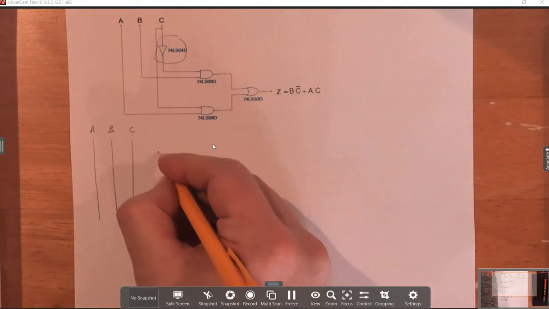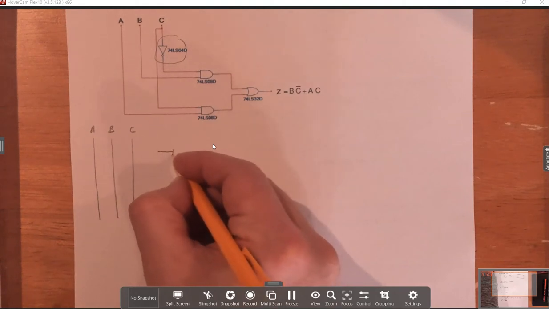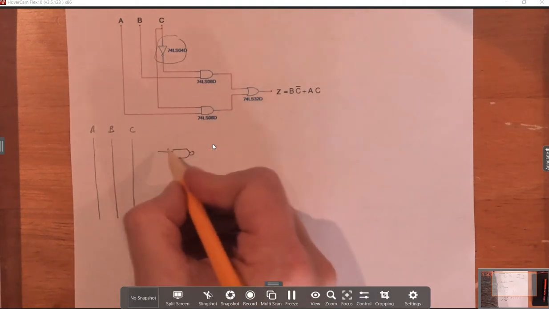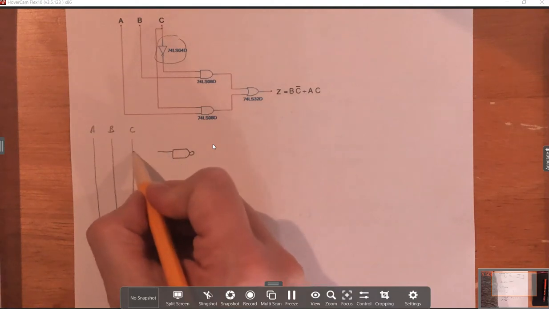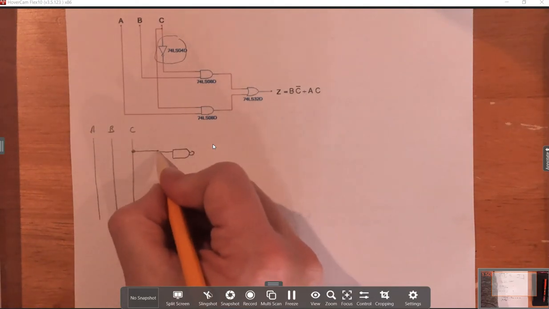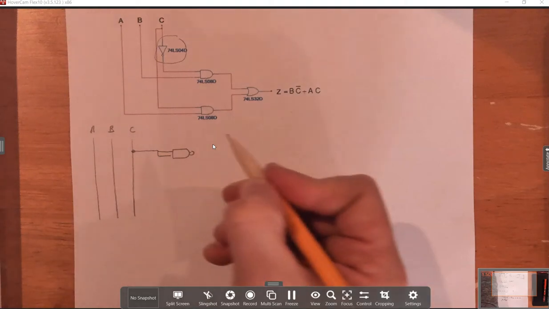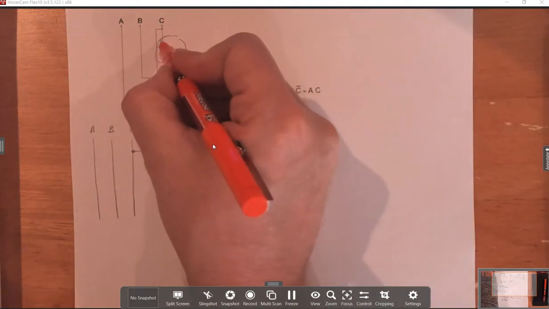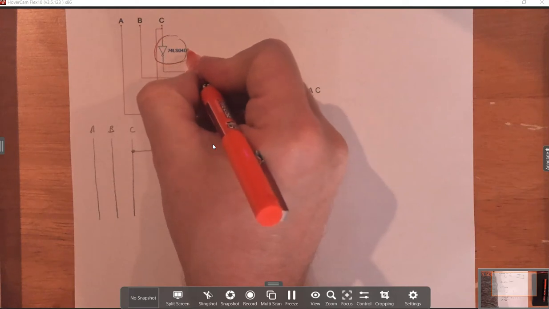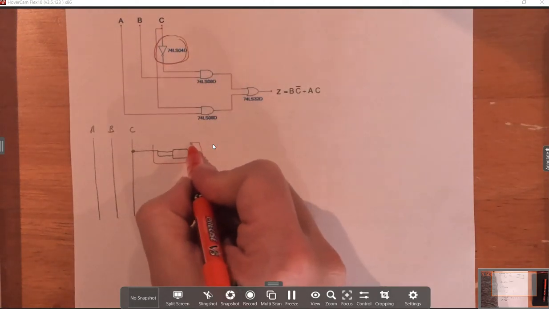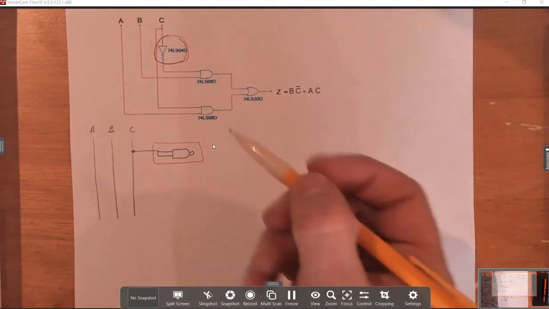Okay, so I need an inverter with a NAND gate, looks like this. Okay, so how about we box that out.